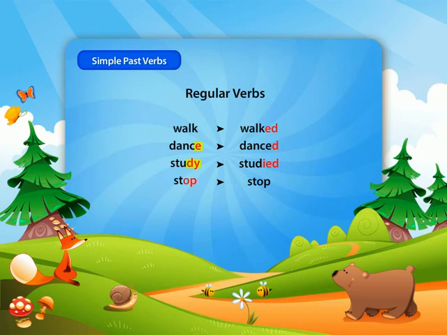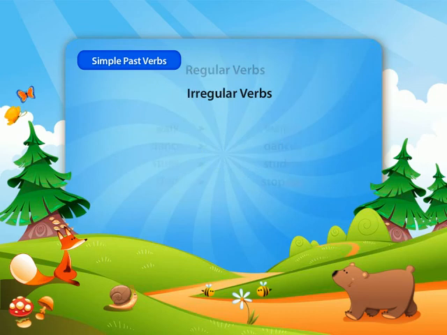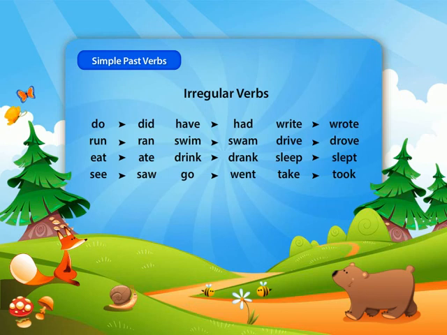Lastly, when the verb has just one syllable, like stop, and it ends with a single vowel plus consonant, repeat the last consonant and add ed. So, stopped.